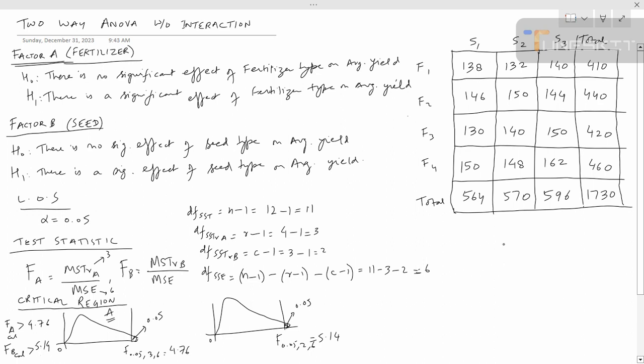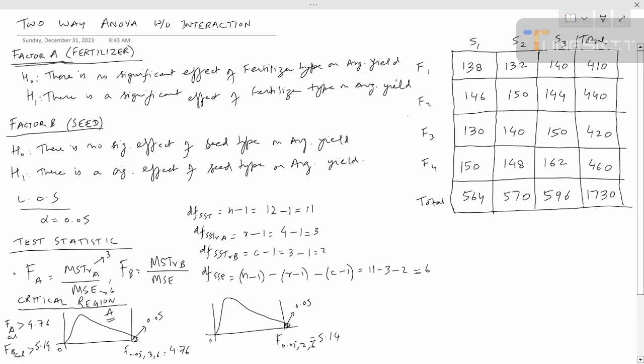And now what I would do, we can enter all 12 numbers in the calculator to get the sum of squared and sum of x. Sum of x is already given as 1730 because that represents the grand total. Whether we go for row wise totals or adding up column wise totals, we end up with 1730.